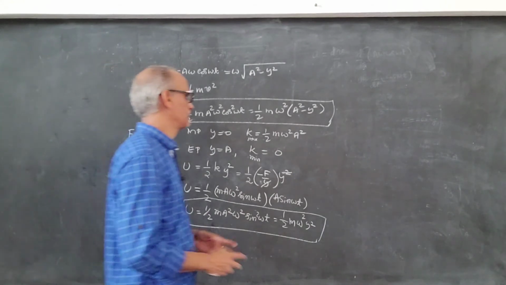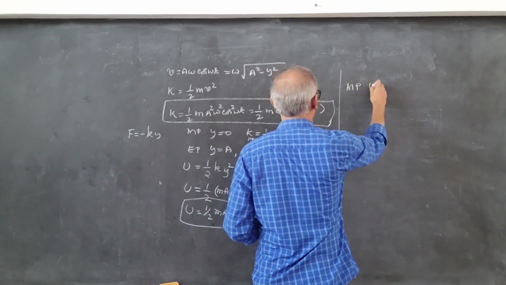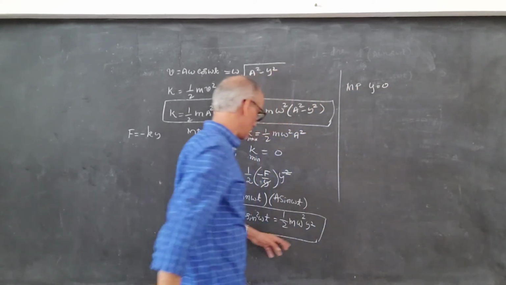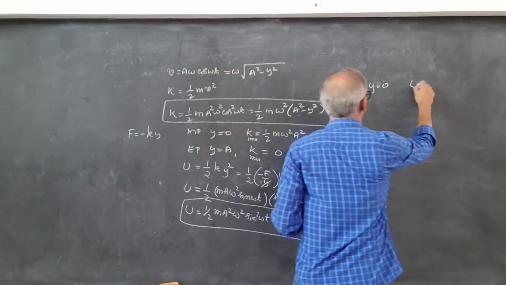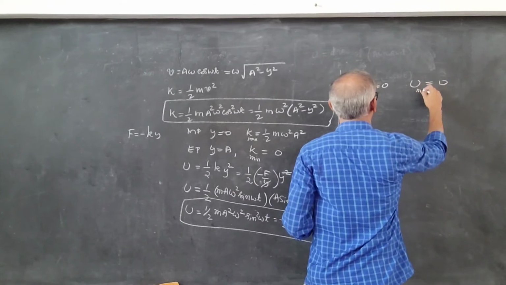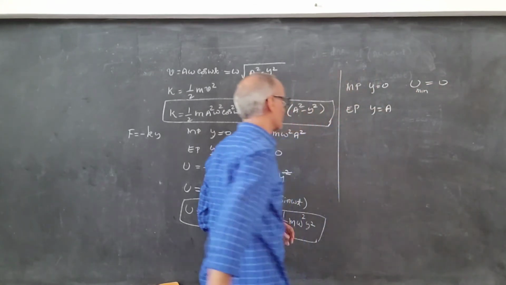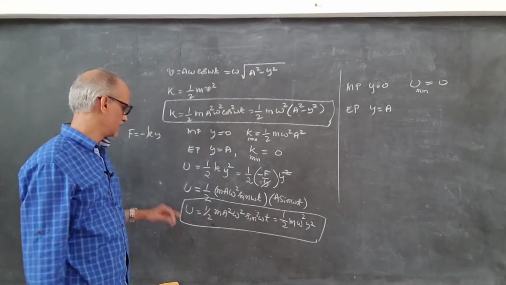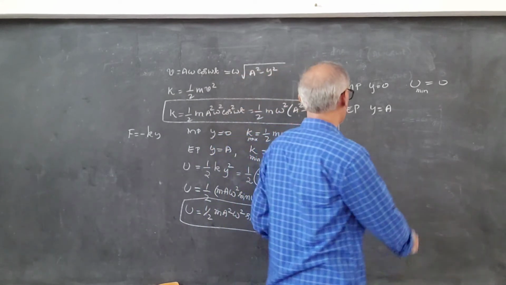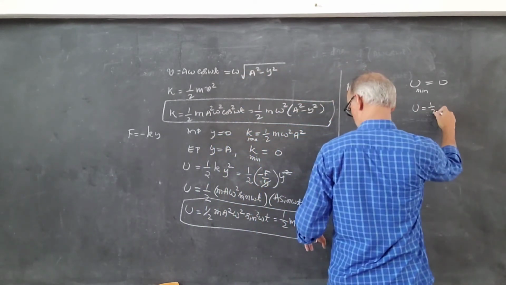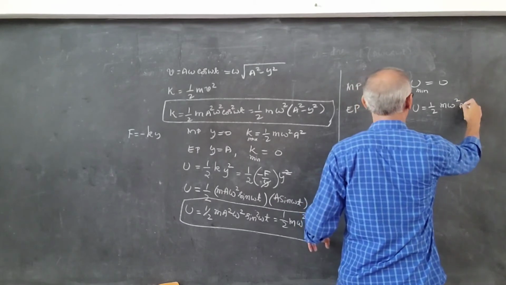Even here at the mean position y is 0, and when y is 0, U is 0, so that is minimum. At the extreme position y is equal to a. When y is a, you will get U is equal to half m omega square a square.